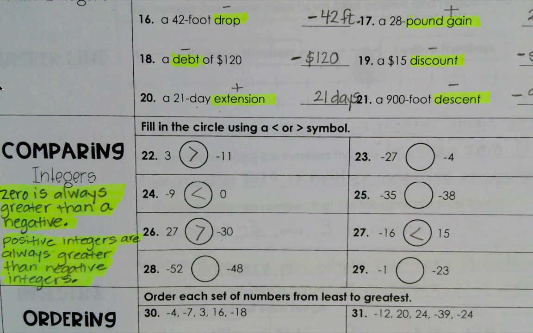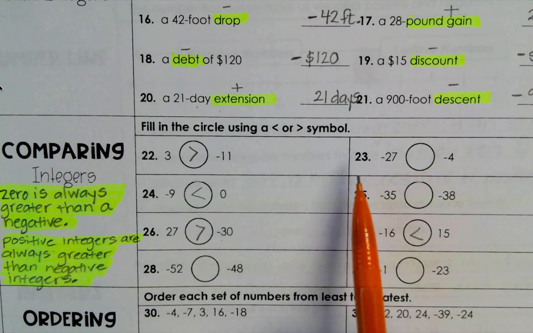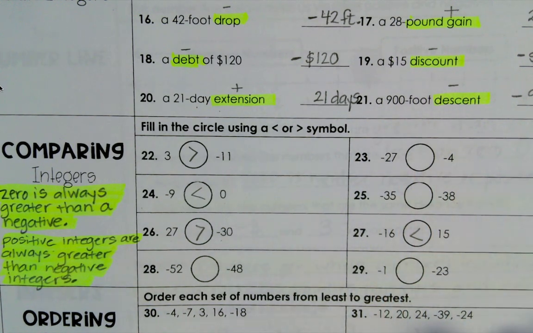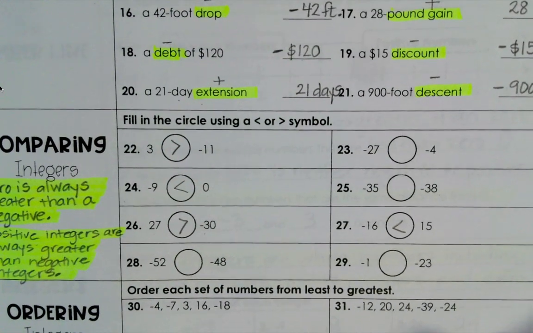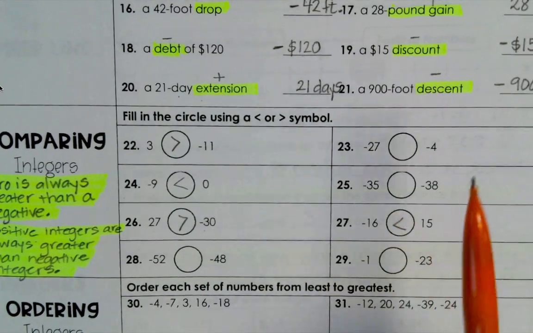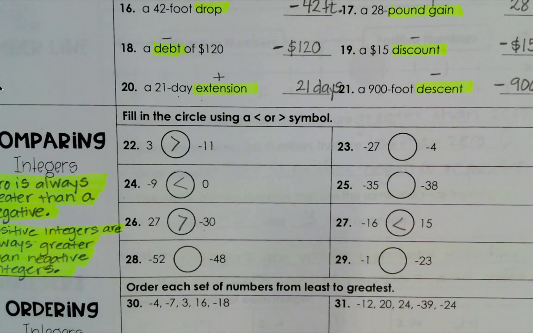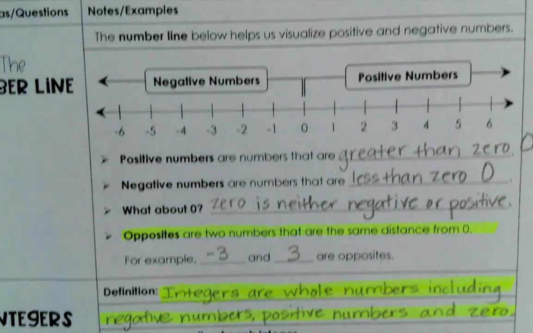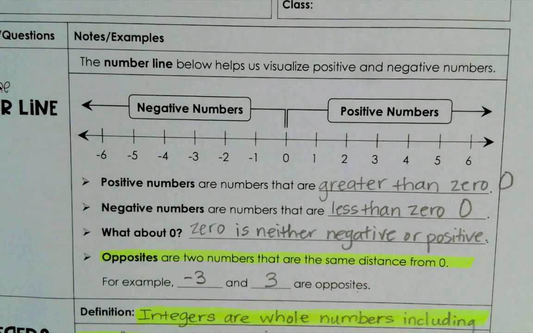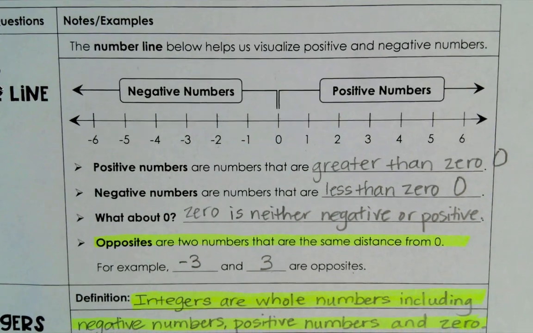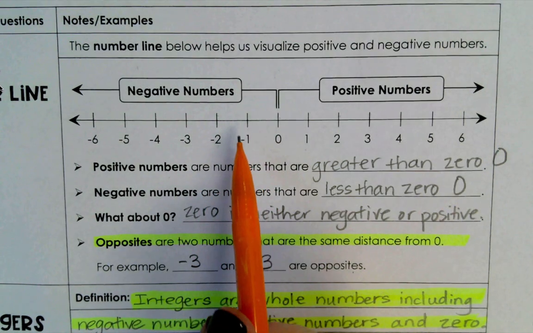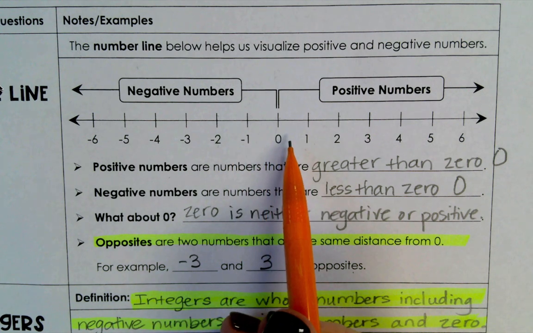Okay, now we are left with the tricky ones, the ones that I know we're going to struggle with, so let's talk a minute about these. I have 23, 25, 28, 29. You have two negative numbers you're comparing, okay? Now here's the thing. If you go back up here for a second and look at your number line, please note that as a negative number essentially gets bigger, it's moving closer to 0.